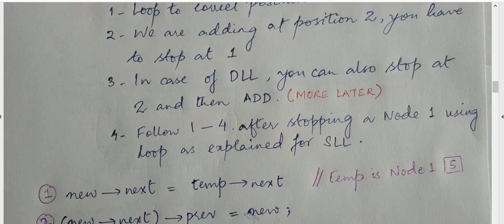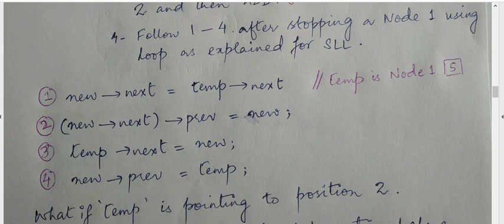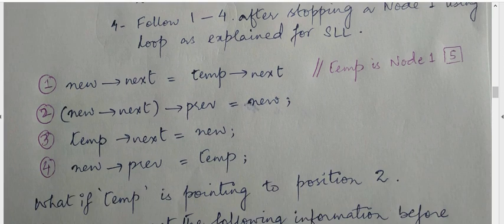Then you follow the steps 1 to 4 here. Once we reach the correct position, we do these steps 1 to 4. So what is step 1? We made 50 point to 10.